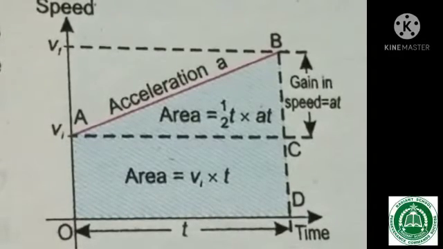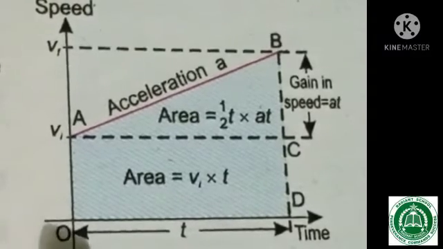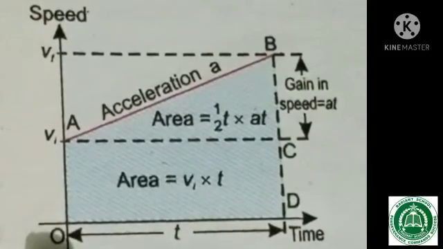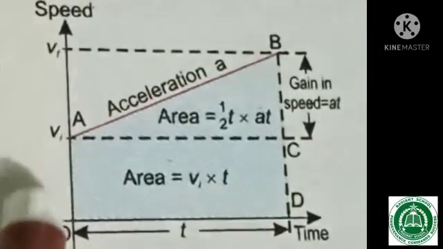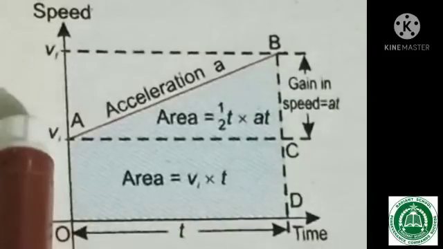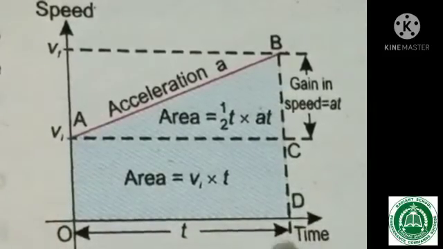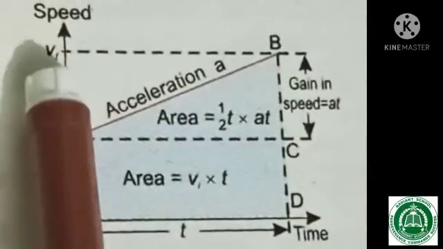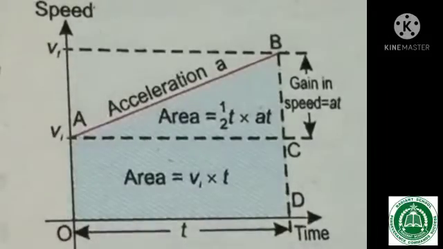In this case, we will be considering a body which was, at the start of observation, moving with initial velocity vi, and after time t it started to move with the velocity vf.